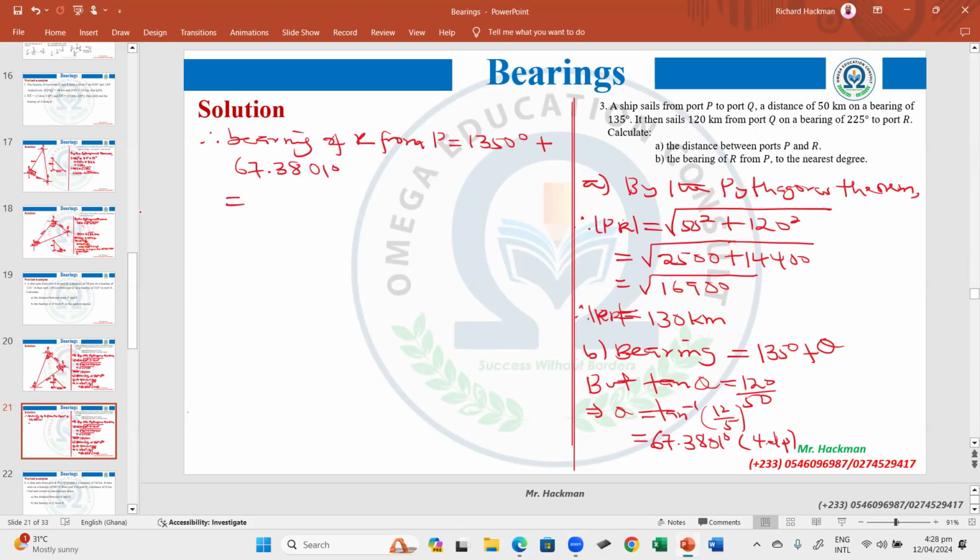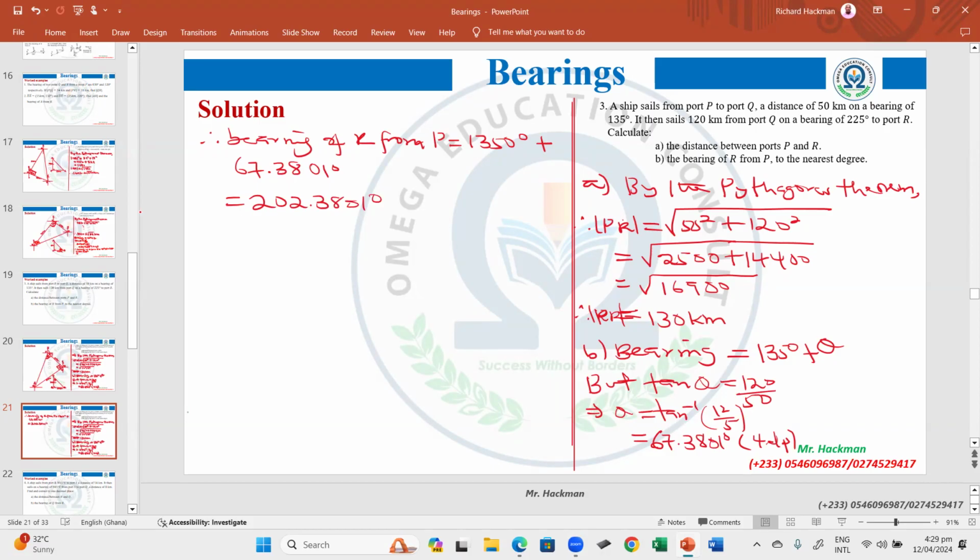And that will be equal to 202.3801 degrees. This is what we have. It will automatically give you 4 dp.